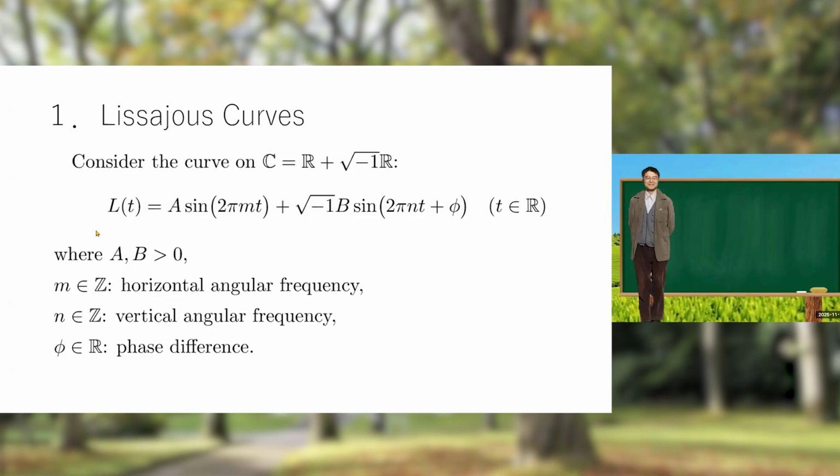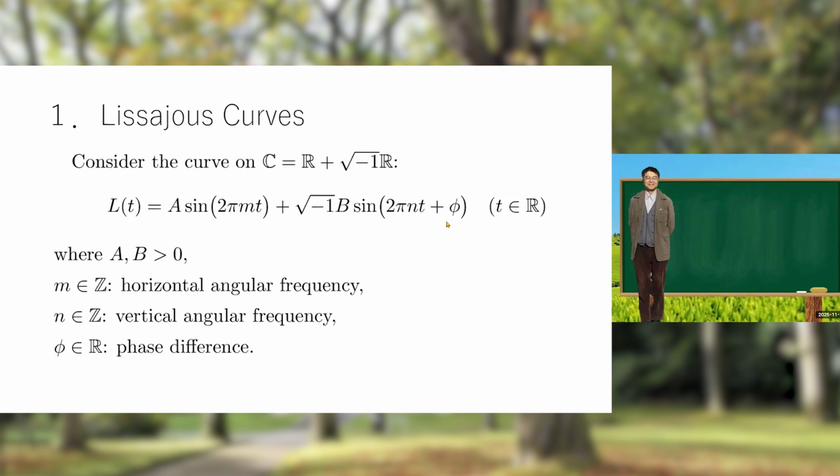Then on this complex plane, we have a parameterized curve. Here, M and N individually represent the horizontal angular frequency and vertical angular frequency, and A and B are just the lengths of the box of this curve inside. And phi is called the phase difference.